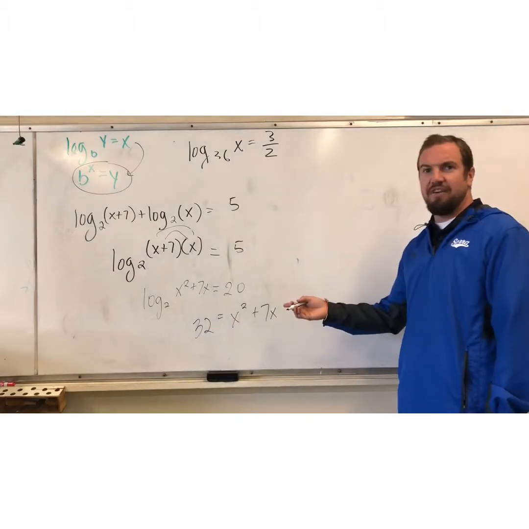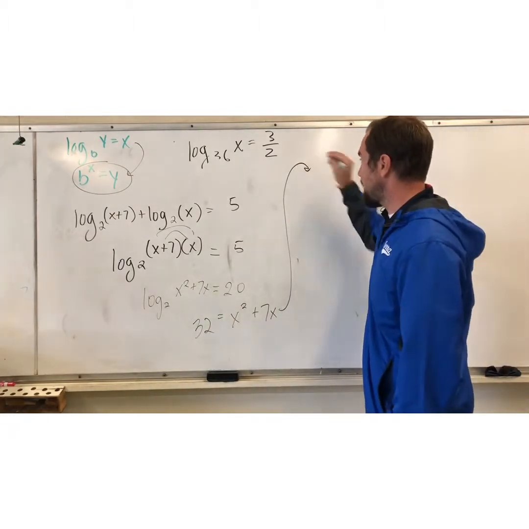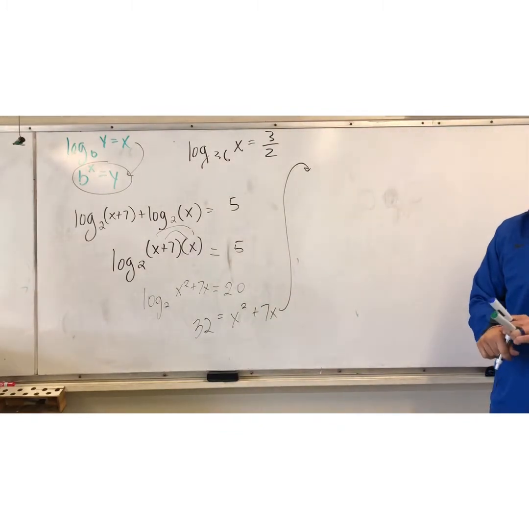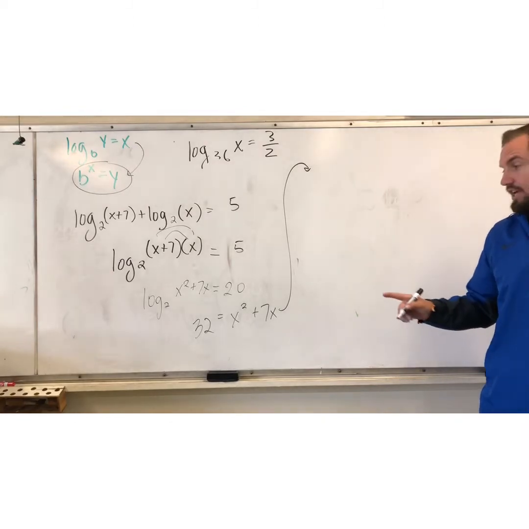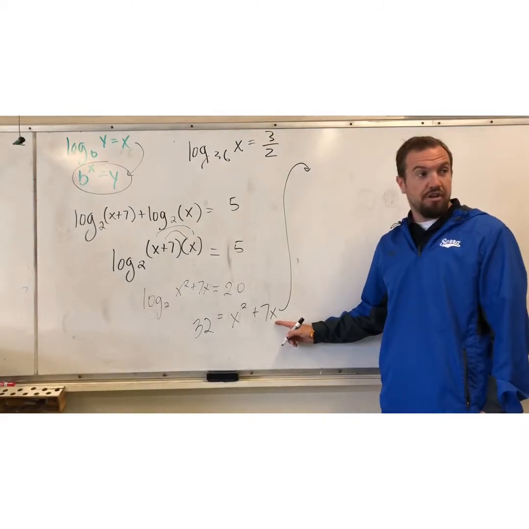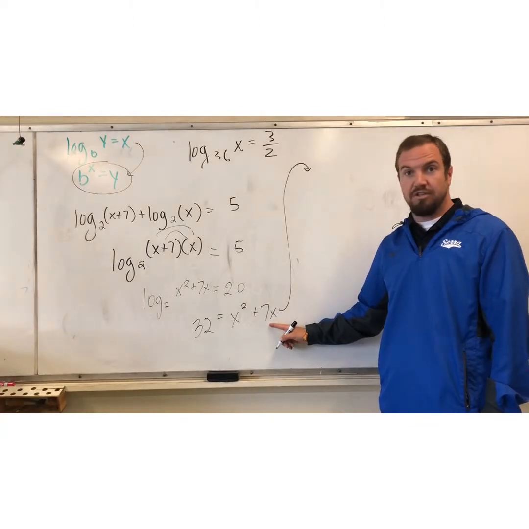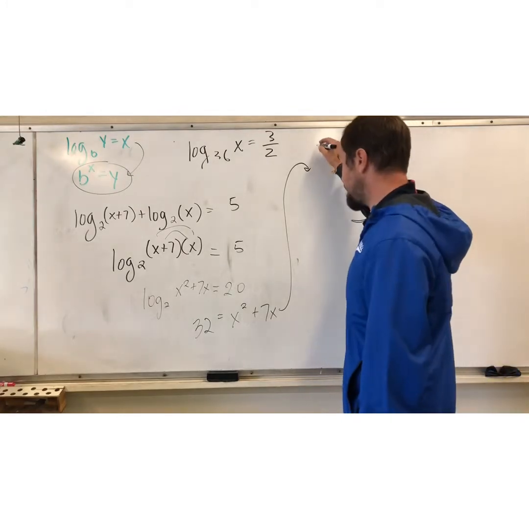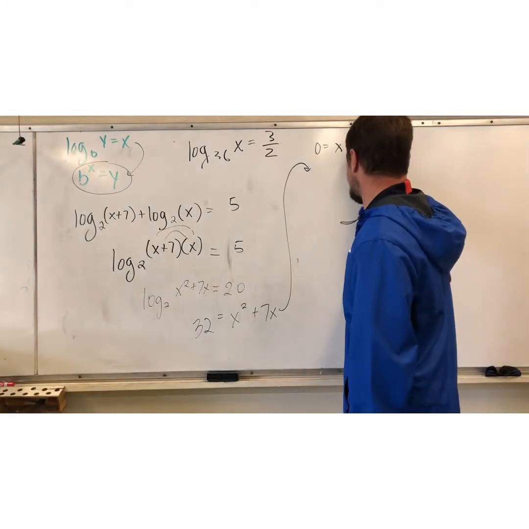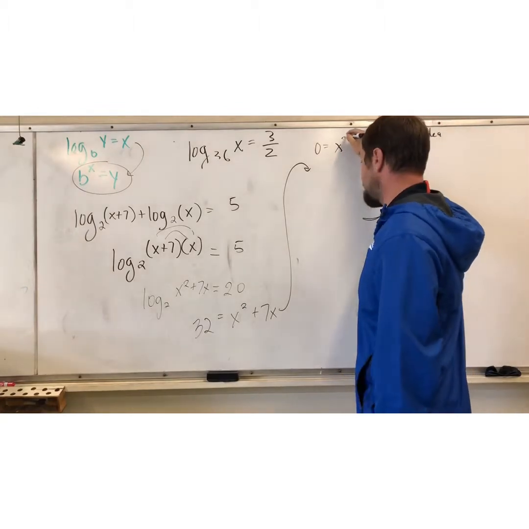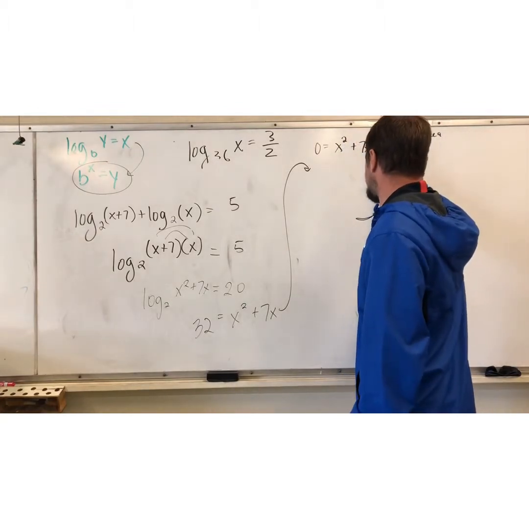And if you wanted to solve for x here, ooh, I like this one. If I wanted to solve for x here, what's one thing I could do? Yeah, you can use some quadratics, so you could use your quadratic formula, or you could do what? Solve for your zeros. So I could make this 0 is equal to x squared plus 7x plus 32. That's a plus one for Kalea. That's pretty good right there.